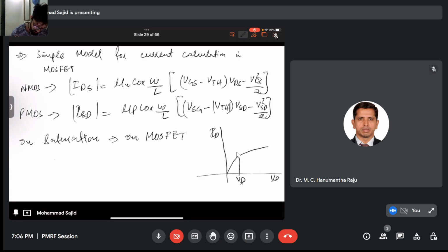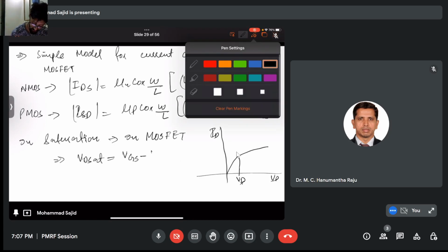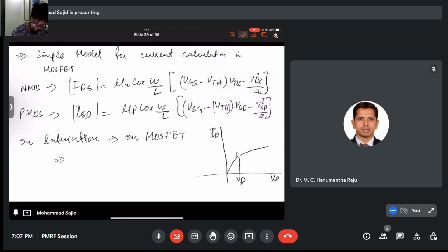So we define VD sat as that value of VDS when VDS is equivalent to VGS minus VTH, right?